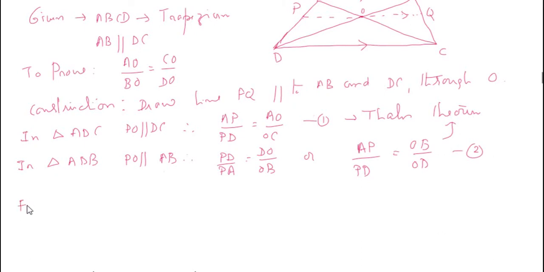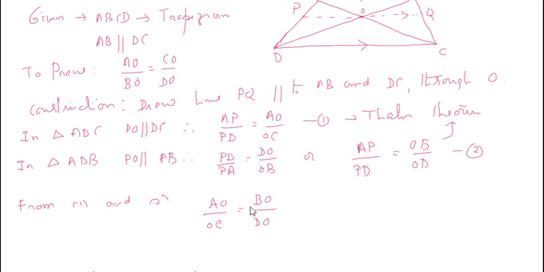Now from 1 and 2, both in 1 and 2, left side is AP by PD. So right sides are equal. So you have from 1 and 2 AO by OC equal to OB, I'll call it as BO, no problem, by DO.